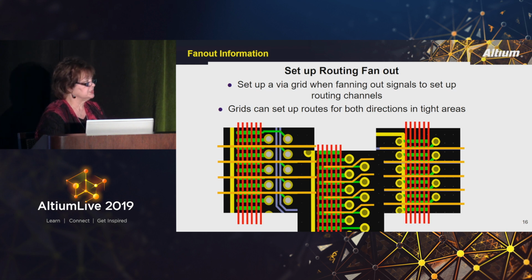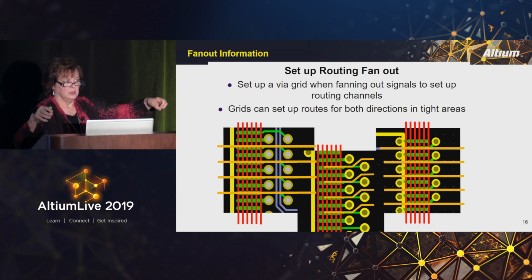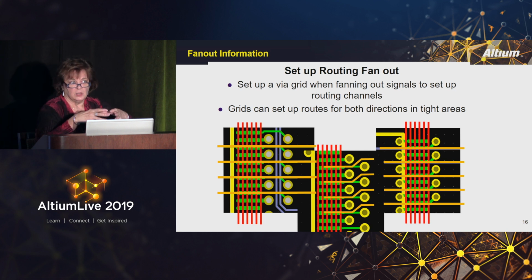So it's important to have those patterns so that if you had them all in a row and the antipads, does everybody know what an antipad is? An antipad is built into the via or the through-hole pad, and it's the opening that is forced into any plane.